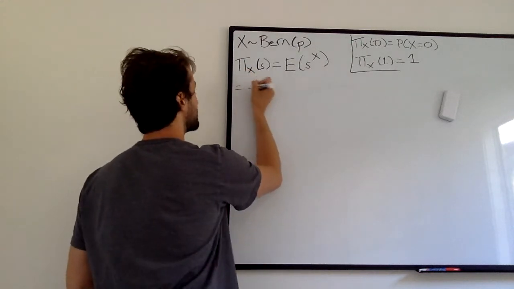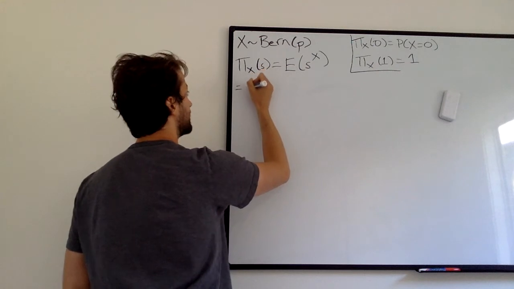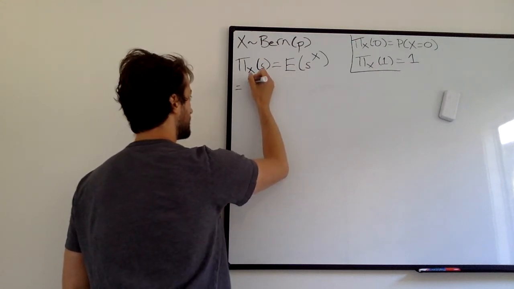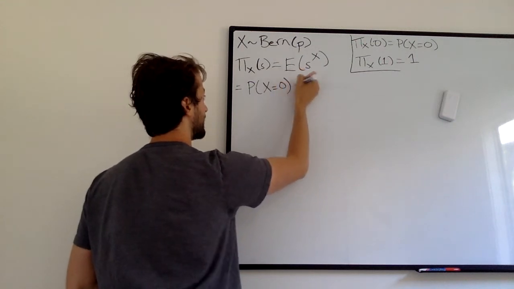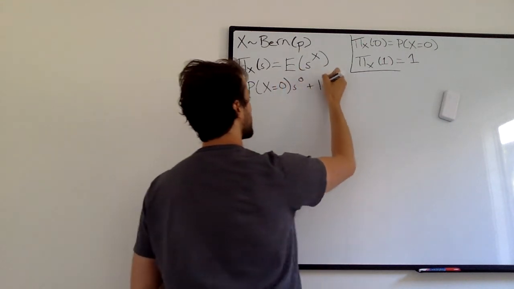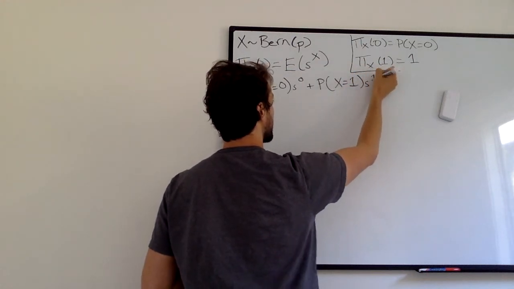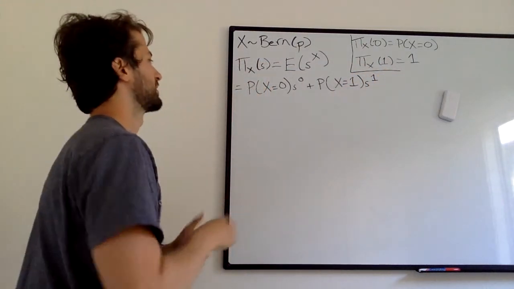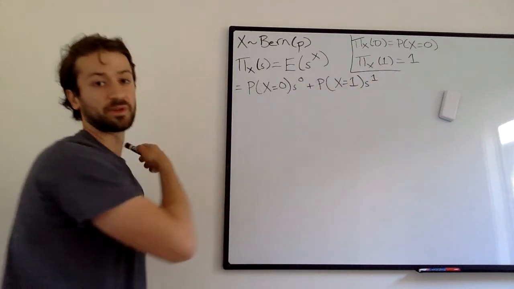So the expected value of s to the x becomes the probability that x equals 0 times s to the 0, plus the probability that x equals 1 times s to the 1. We're just saying, the two values that x can take on are 0 or 1, weighted by the probabilities of those occurring.